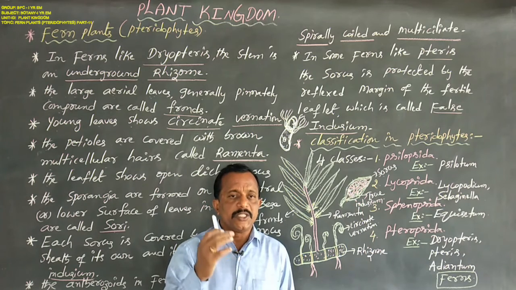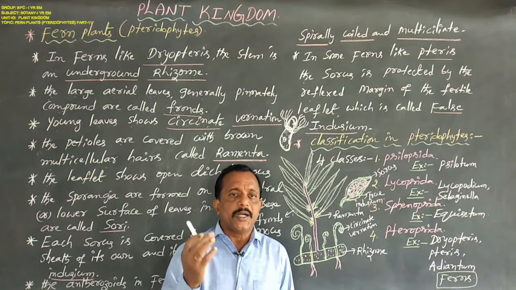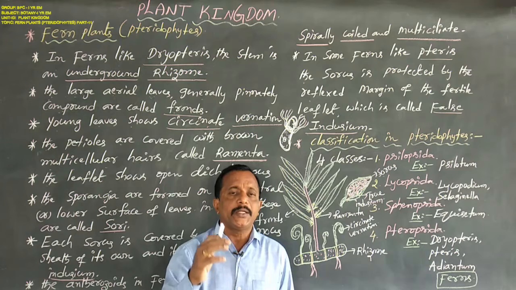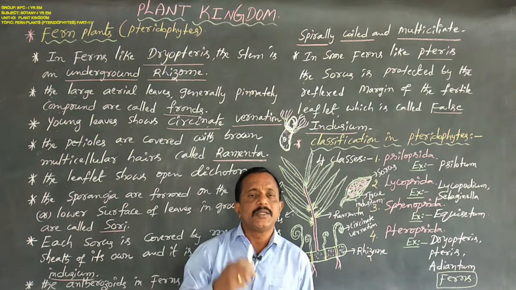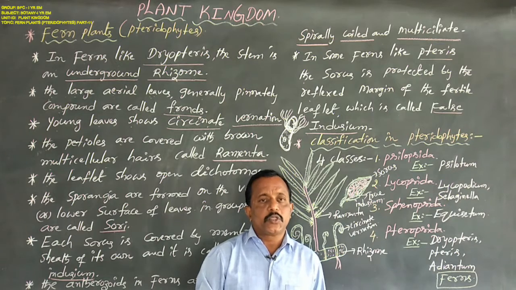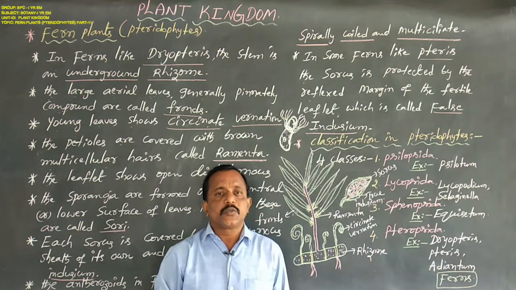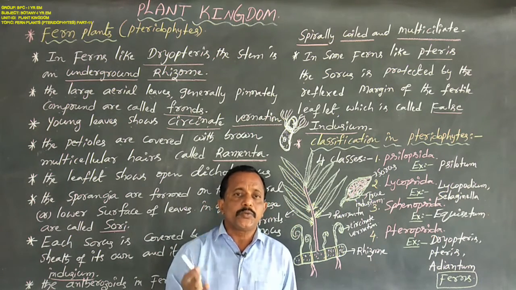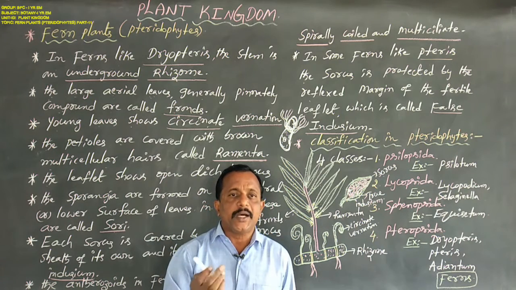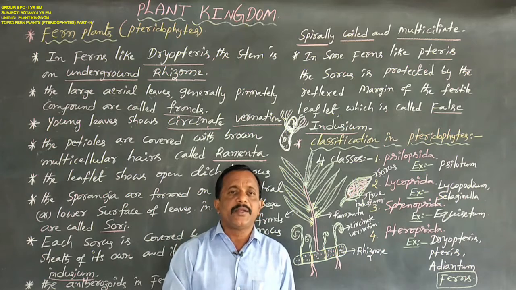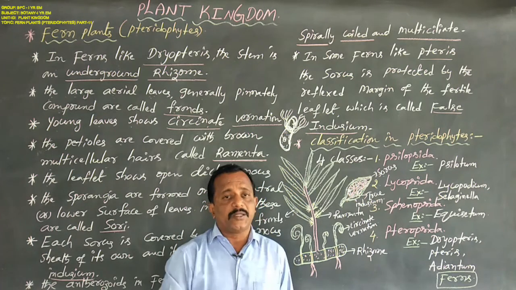Generally the sporangia are developed from the lower surface of the leaves, arranged in groups called sori. In the true indusium, each sorus is covered by a membranous sheath of its own.